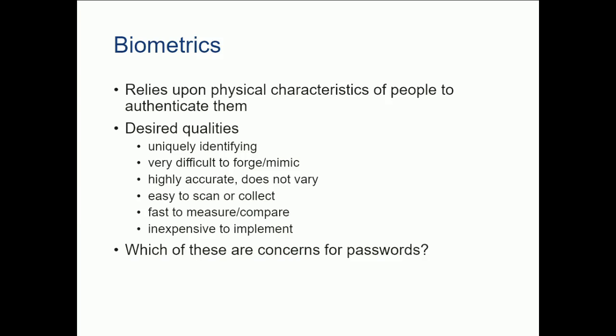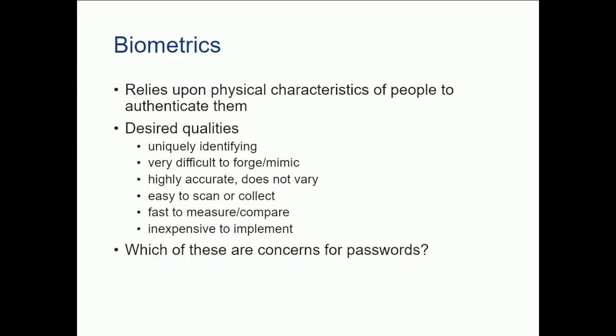For example, fingerprints are uniquely identifying: different persons have different fingerprints. But the length of my palm cannot be a good biometric because different people can have the same palm length.